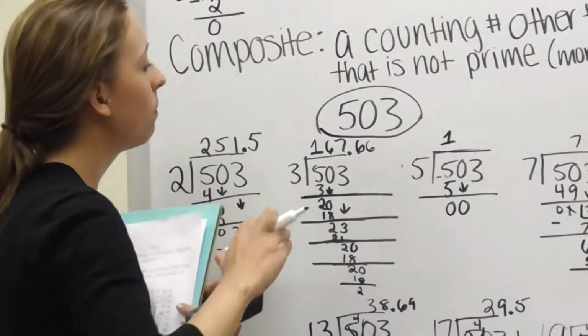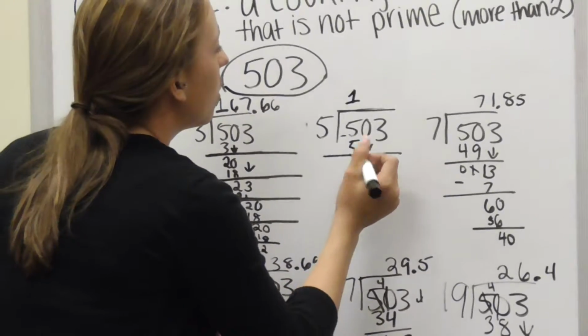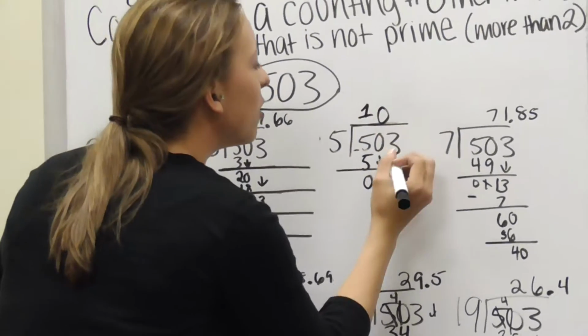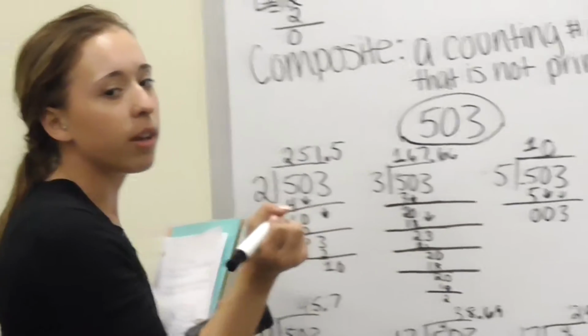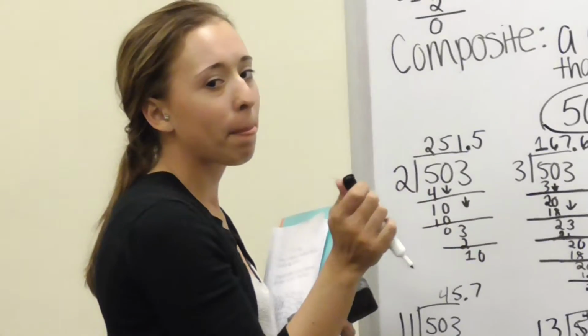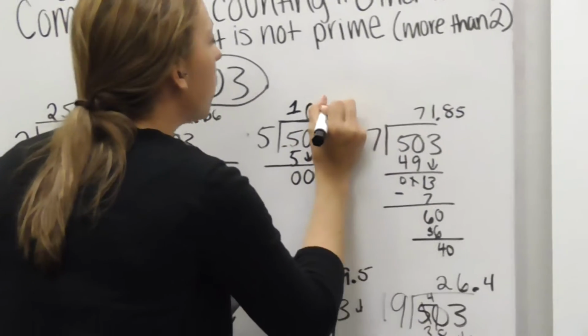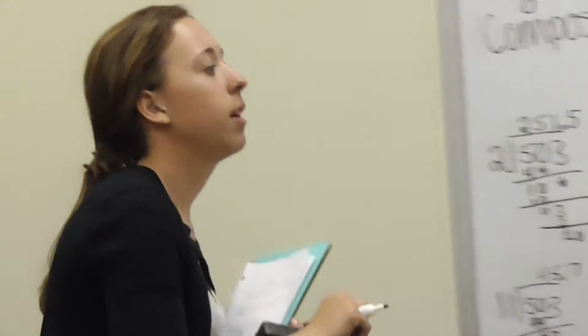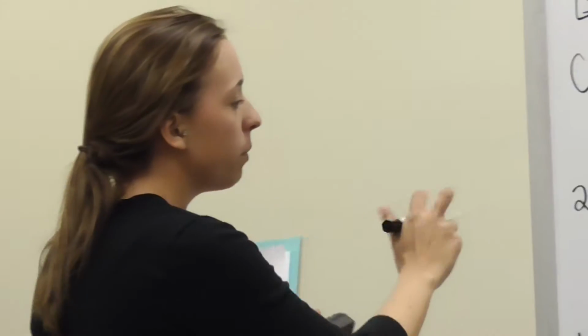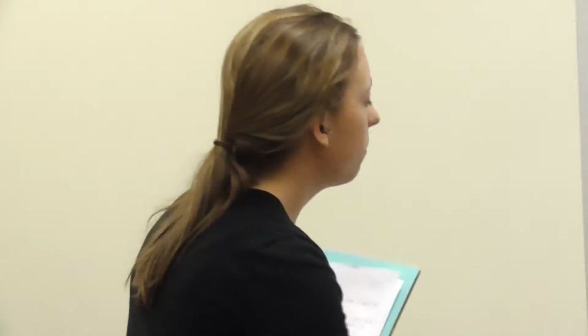No number can go into 0. Very good, Chelsea. So now we bring down the next one, a 3. Can 5 go into 3? No. So now we have to add a decimal, meaning it is not divisible by it evenly. Then we continued by going through all of that.